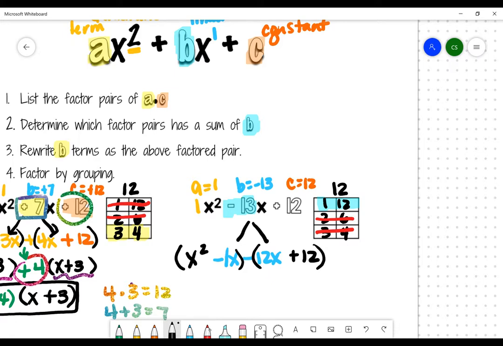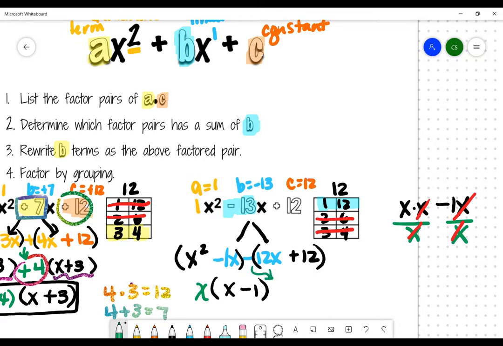If I factor out from my first set, x squared minus x, my greatest common factor between the two is x. So if I factor out an x, what does that leave me? With x minus 1. Bring down my subtraction sign.